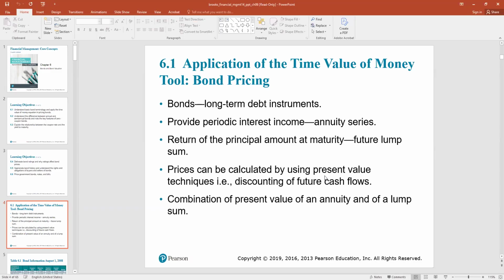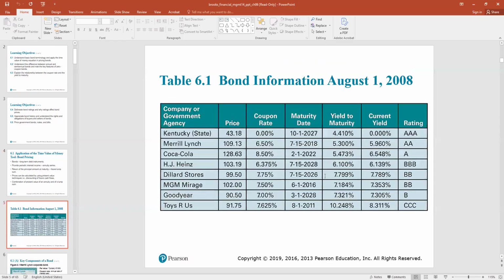One of the main reasons is that they give you fixed streams of cash flows, meaning fixed payments of interest. The return of the principal amount at maturity is obligated by the bond seller as a future lump sum. The prices can be calculated basically by using present value techniques, like discounting the future cash inflows. So the combination of the present value of the annuity and the lump sum will give you the bond price estimation.